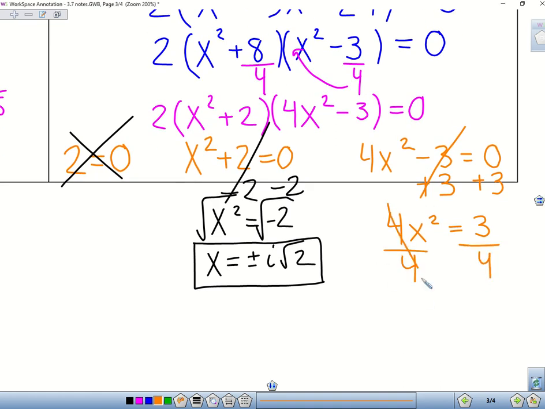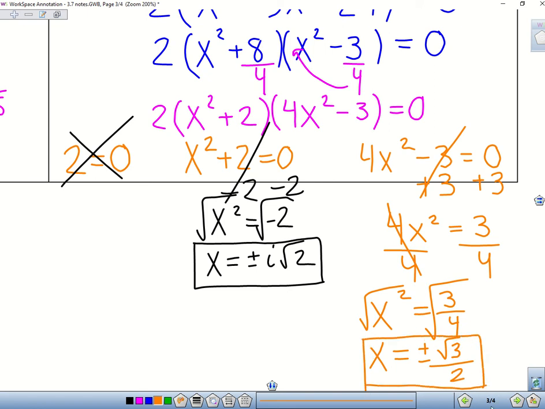Divide by 4. I get x squared is equal to 3 over 4, and then I do what to both sides? Square root it. This becomes x equals positive negative radical 3 over 2, like that.